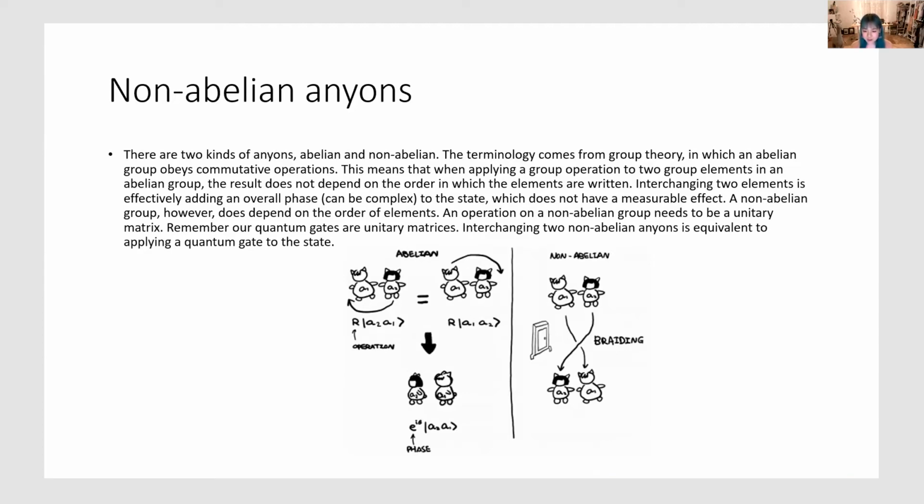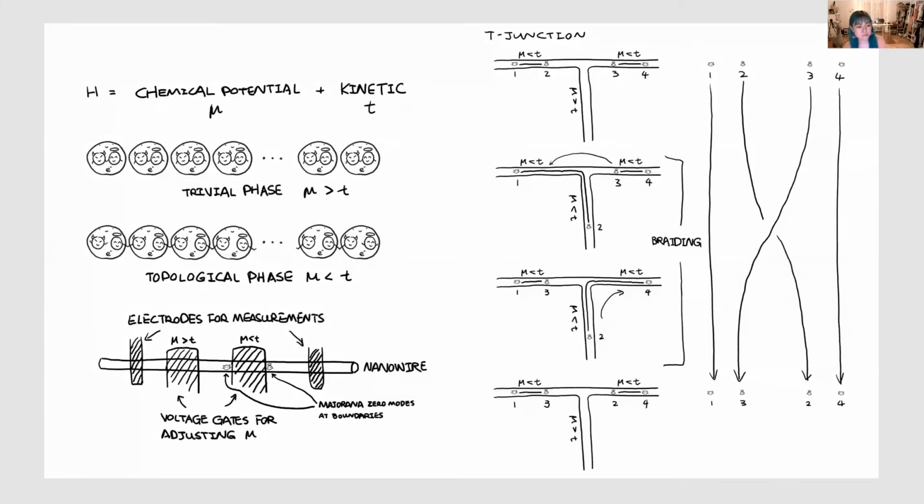This is how you can make a qubit and then add gates to it by reordering the anions. So braiding is how you can create gates. I know there's been a lot of development, and perhaps braiding is not the only way to create gates, but I'm trying to just give you some basic ideas.